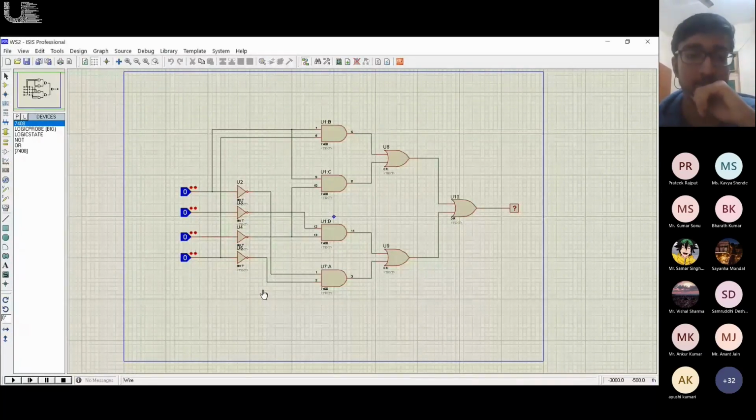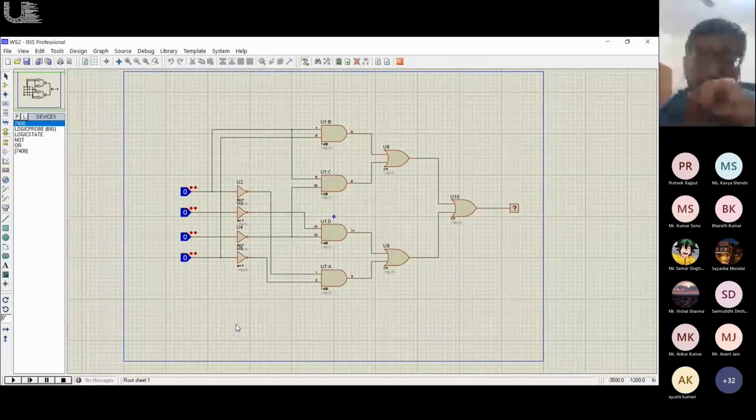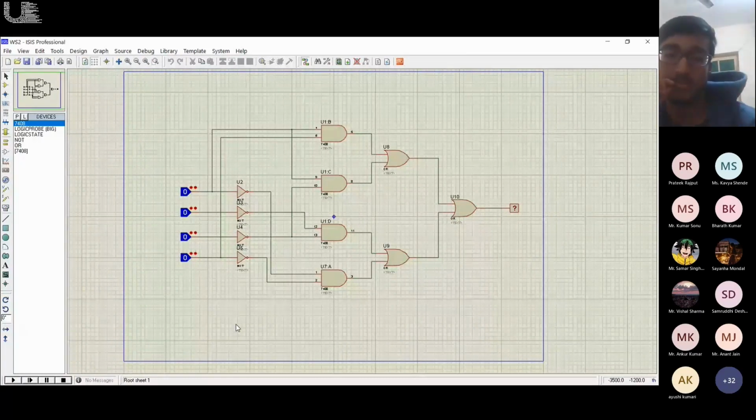In here, if you can see the 4 logic states on the left, the ones which have a 0 on them. They are A, B, C, D, where A is the bottommost one. So the MSB is A. I've taken the most significant bit to be A. I hope you know what the most significant bit and least significant bit are, right? Anyone can tell me what the most significant bit is in general? The left one.